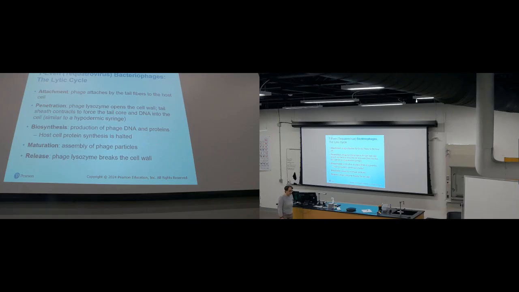Now, something that happens during viral replication in comparison to replication of bacteria is that replication of bacteria typically happens, of course, by binary fission, but it happens every 20 minutes. So every 20 minutes, you double the number of bacteria.